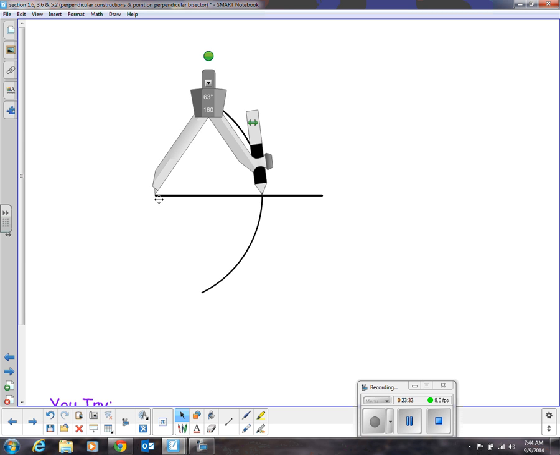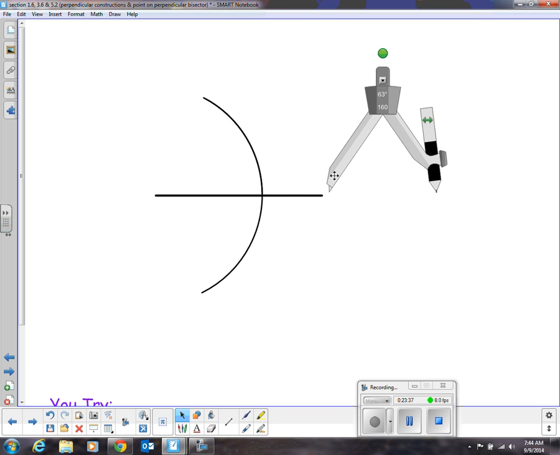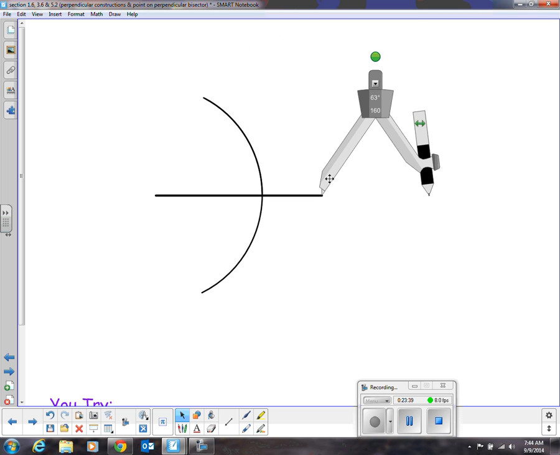Now, this compass point is going to go to the other endpoint. Now you've got to flip your compass. You cannot mess with the opening of your compass. It must be the same as it was. This first arc, you have to open it over half. The second arc, you cannot change it. It must stay the same.